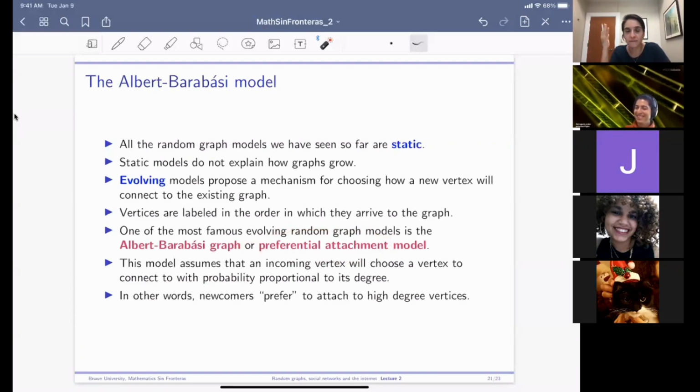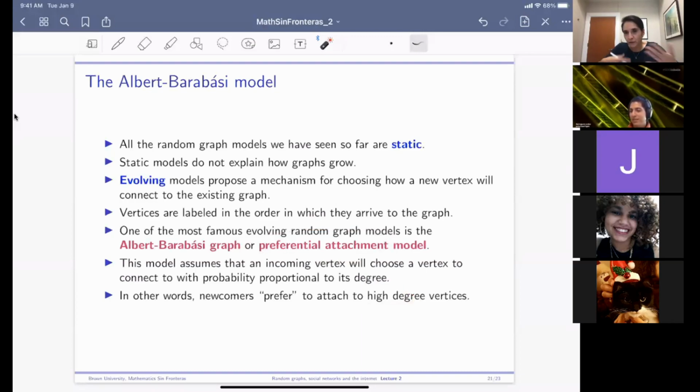Those people who already have hundreds or thousands or millions of friends. You would love to be able to friend those. So you already have a natural preference to go and befriend high degree vertices.